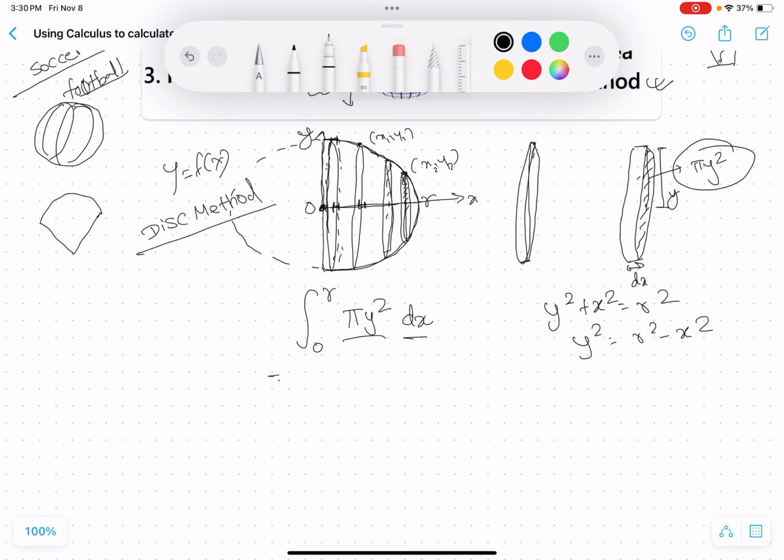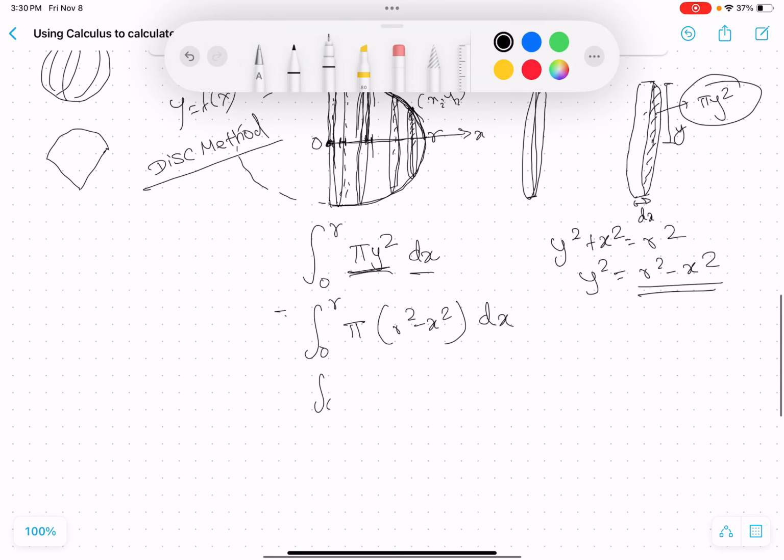We just want y to be the upper half, so that with this y length, finding pi y squared gives the area of the circle as it revolves. Substituting, pi times y squared is r squared minus x squared dx, and we get the integral from 0 to r of pi r squared dx minus the integral from 0 to r of pi x squared dx.